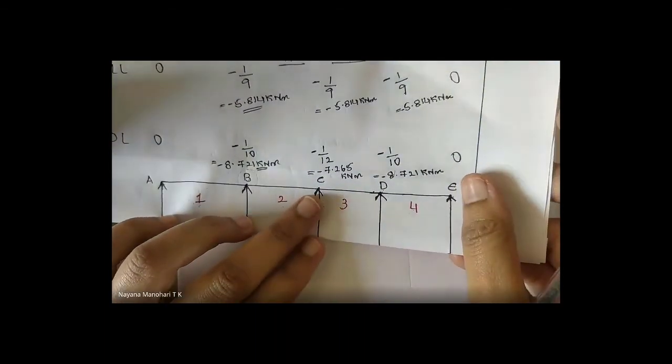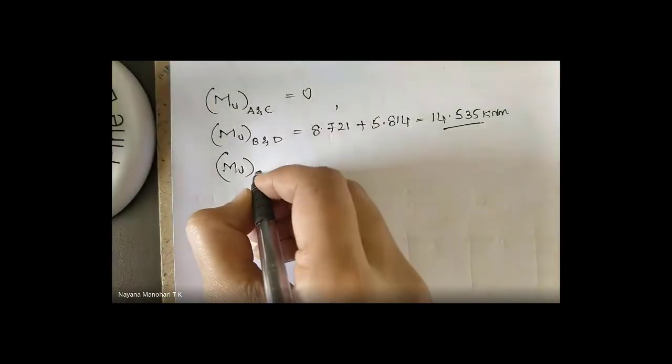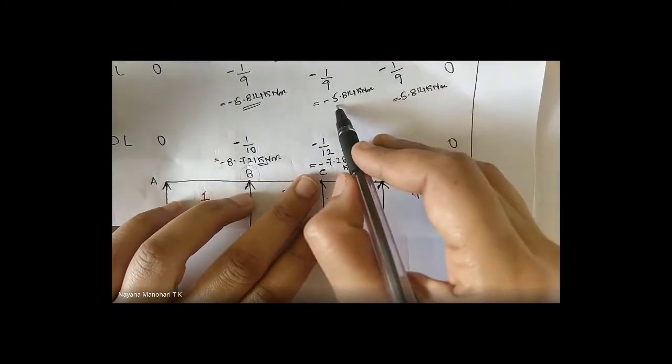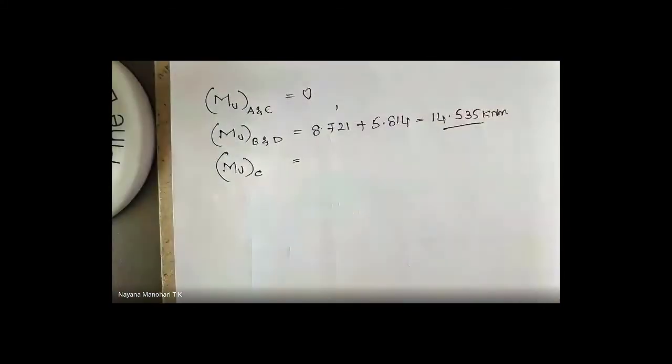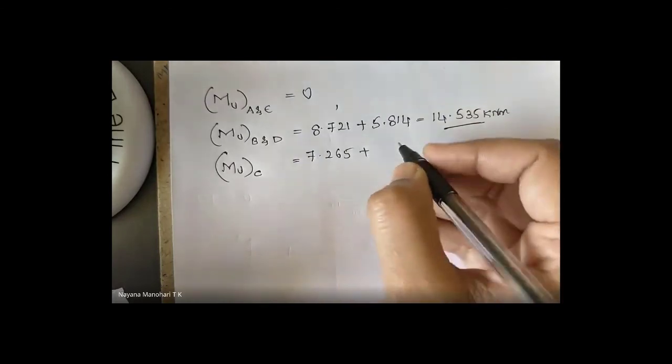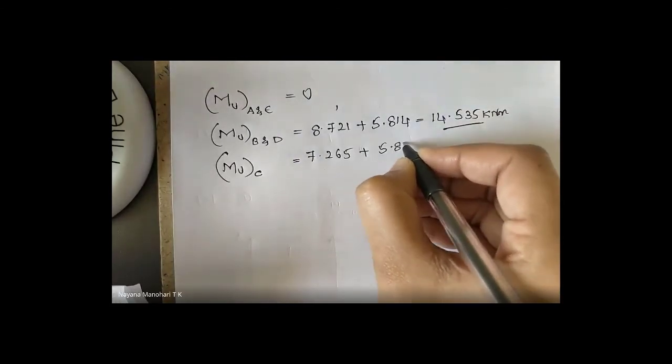Okay. Similarly, you calculate mu at C. Mu at C, what is the value? Dead load is what? 7.265 and the live load is 5.814. 7.265 plus 5.814.